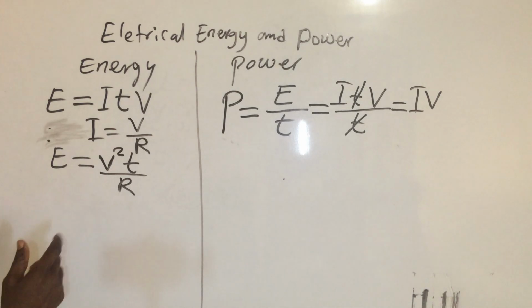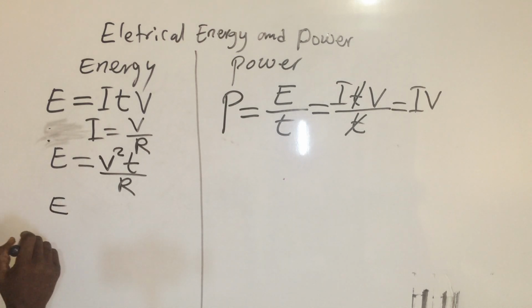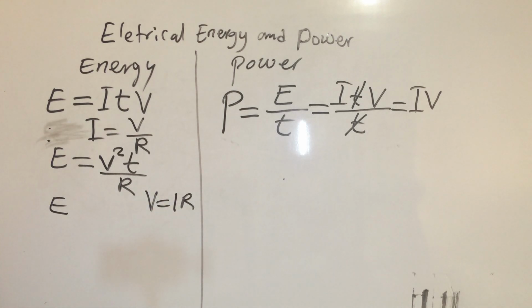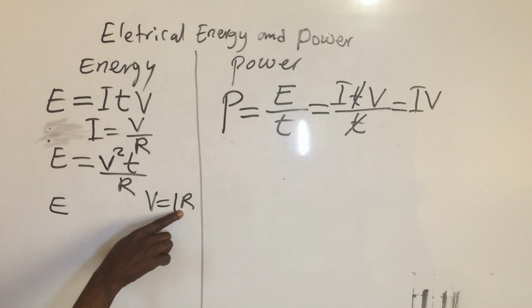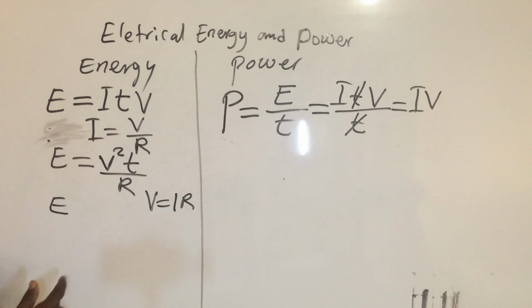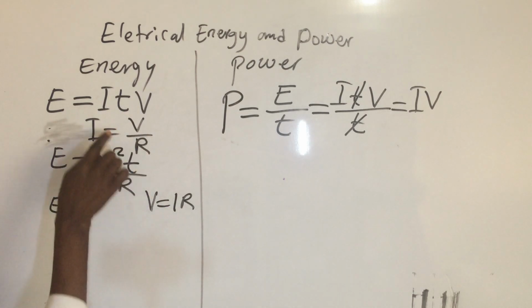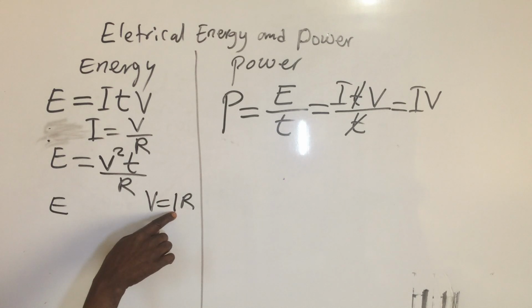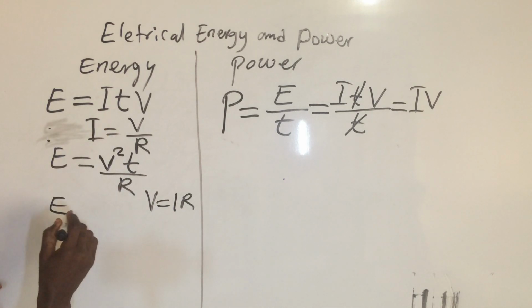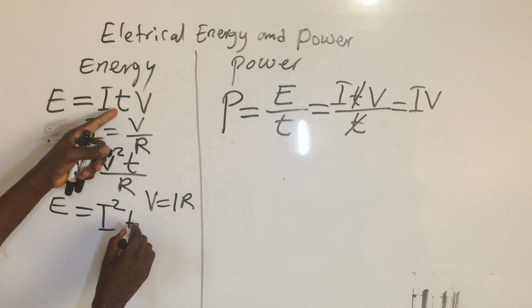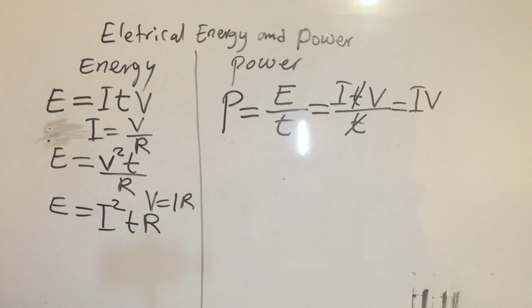Or we can also calculate electrical energy with another formula, since voltage has its own formula. Voltage equals current times resistance. So now we take this and replace it here. Remember, if we replace V with IR, we now have another I, a double I here, which means I times I will be I squared, times the time that is already there, times the resistance.